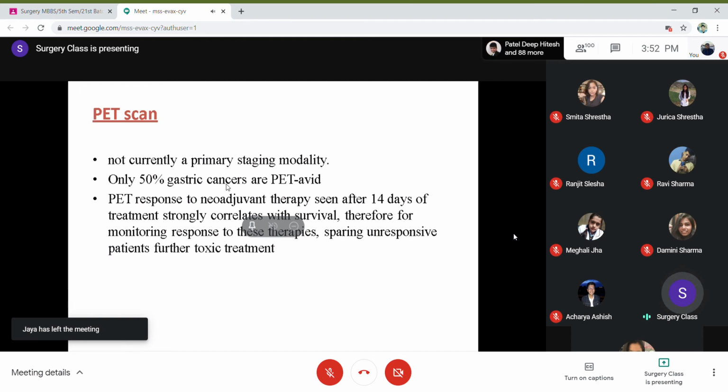The stomach will not take that up, so we call it not PET avid. The radiological tracer we use will not be taken up by the tumor cells. So the PET scan is not routine for stomach cancer.